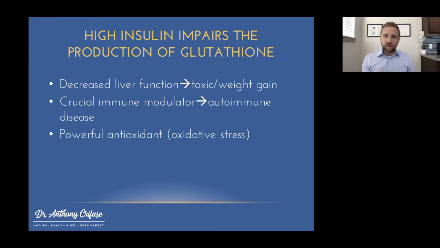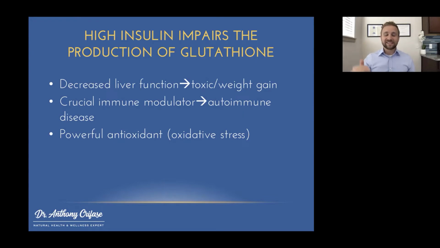So high insulin also impairs the production of glutathione. Now, glutathione is the body's master antioxidant. What this does then is it decreases your liver function. When you decrease liver function, you're not able to process toxins. Now, many toxins are located in your fat cells. And as a result, when you're not able to process more toxins, this deposits more into the fat cells.